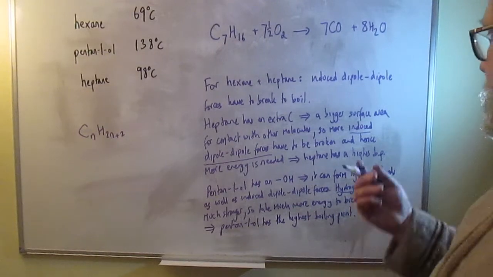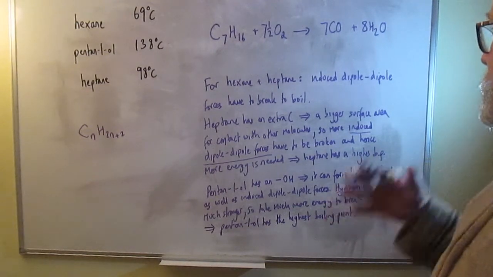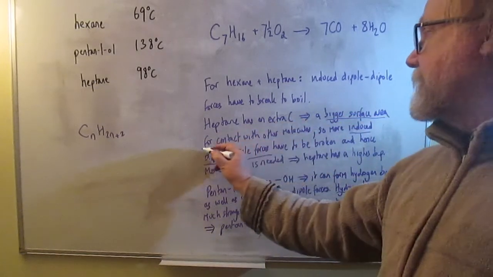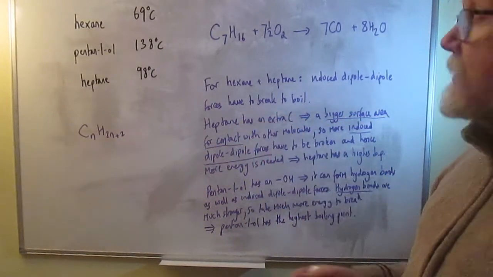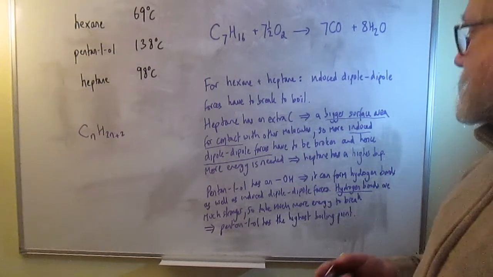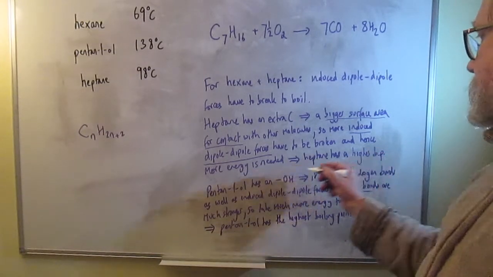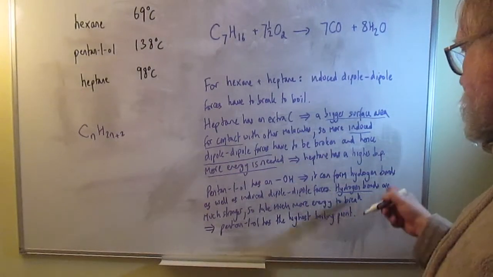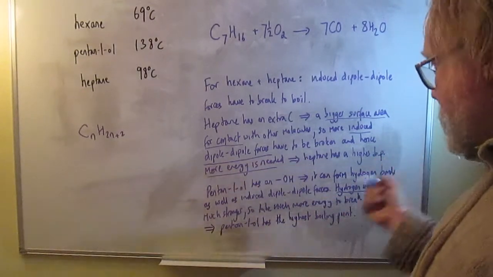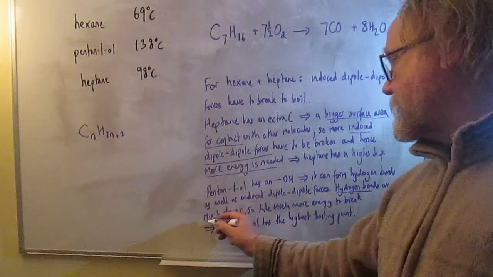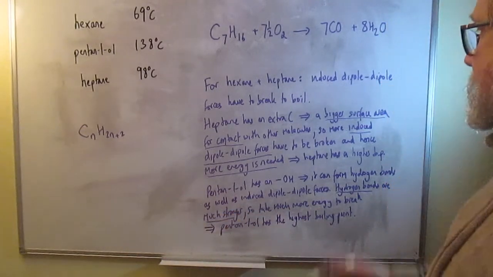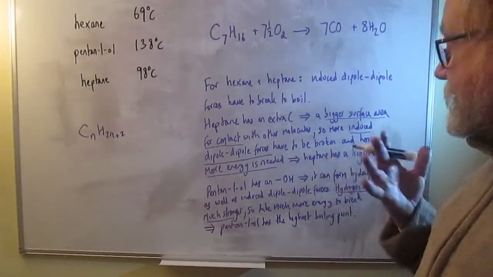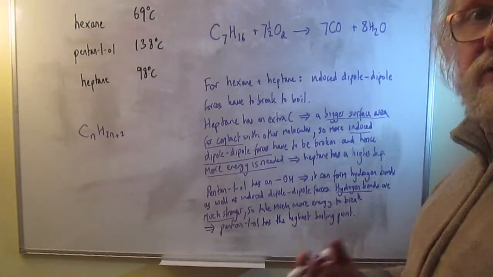You've got to have the comment about the bigger surface area for contact, explaining why heptane has a higher boiling point than hexane. You've got to relate that to the amount of energy needed to break them, and you've got to get the idea that the hydrogen bonds are much stronger, so again that takes more energy. So there's a lot of points to get in there, but you can say it all in a reasonable amount of space. If you practice questions like that, they're a gift because you can rattle through all that really very quickly.